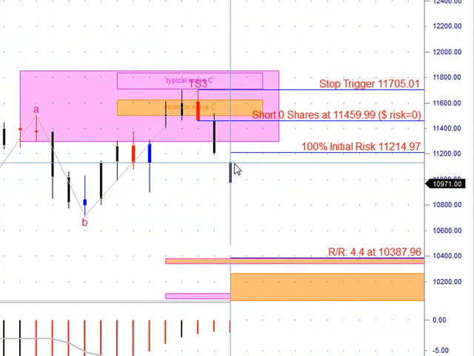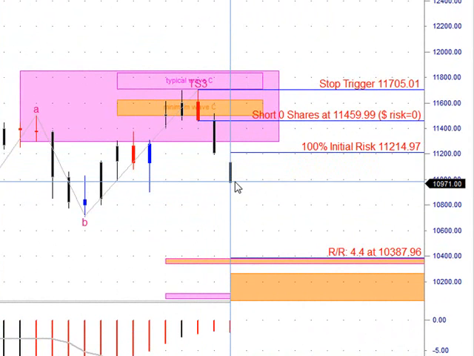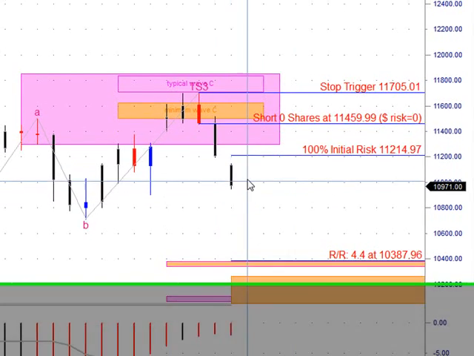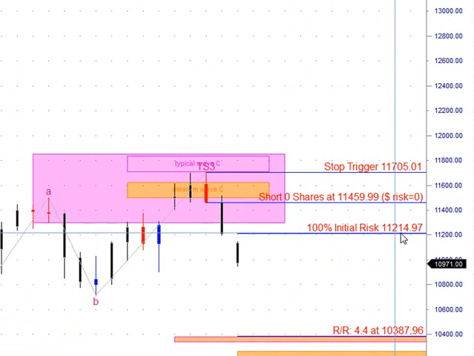So you can see we had our Labor Day trading here. Another sell-off. We'll look at that on the smaller time frame in a bit. And so we've taken out this 100% initial risk line here.